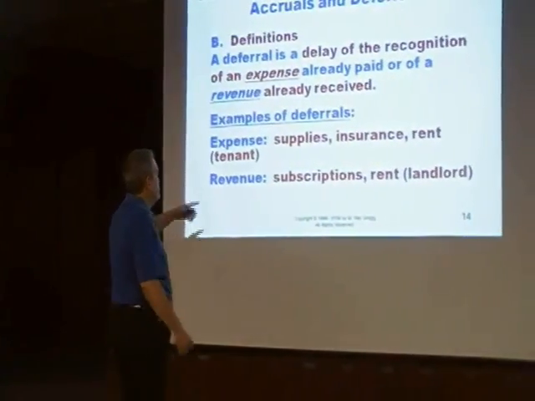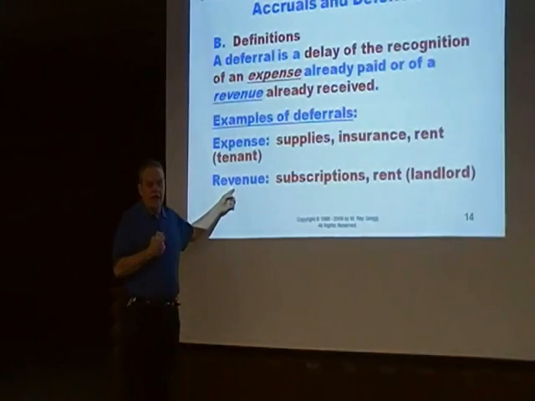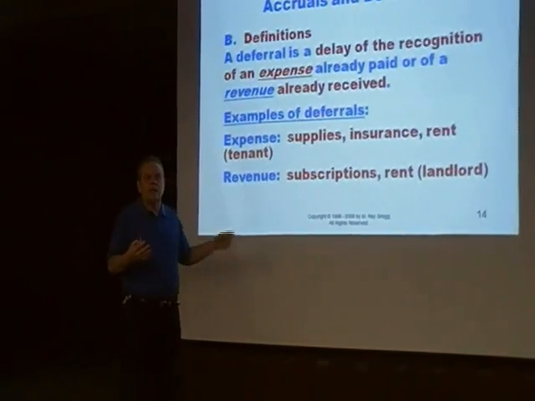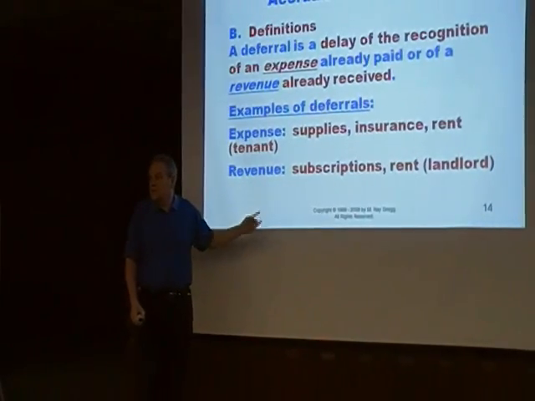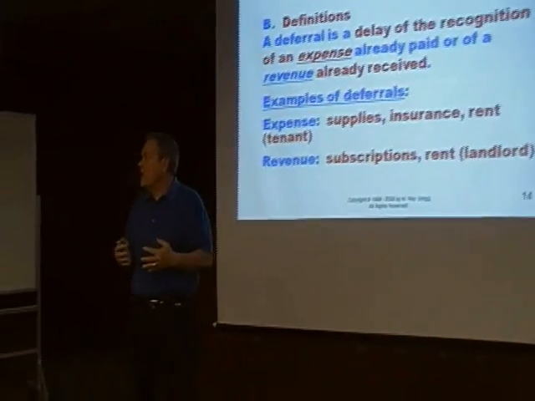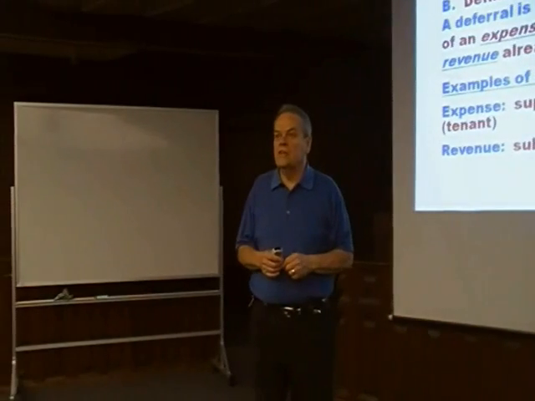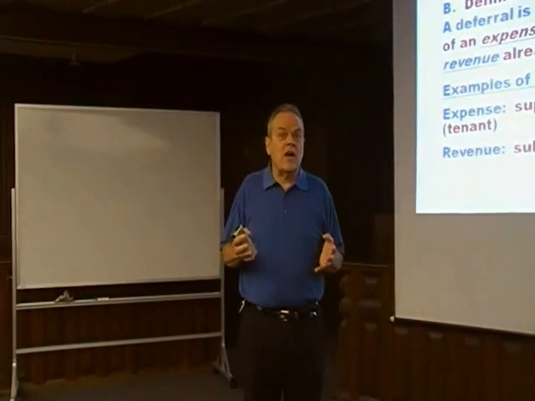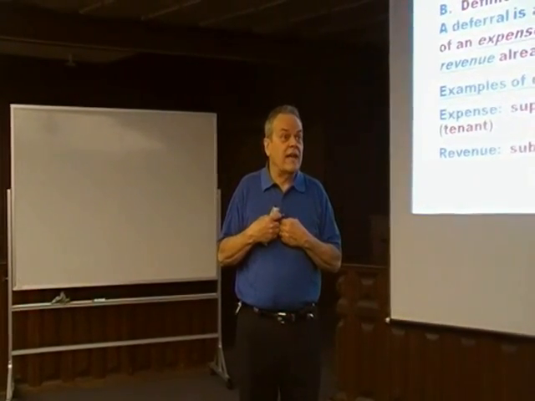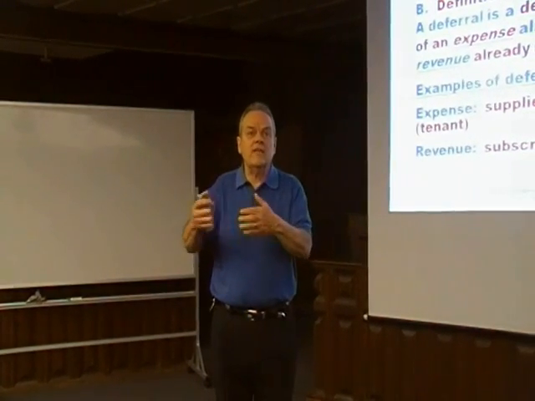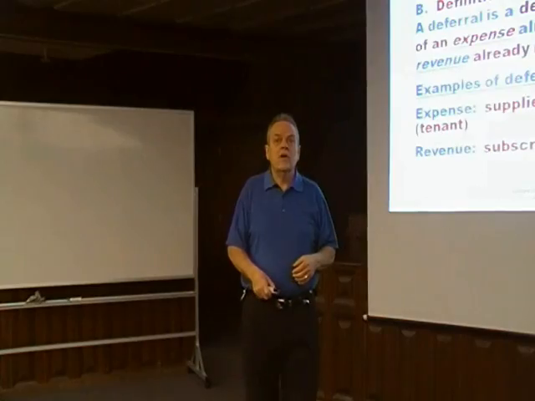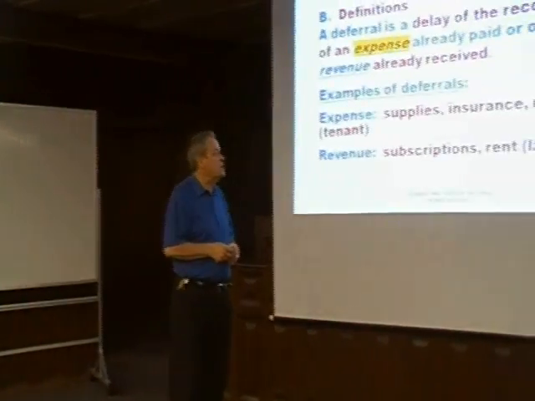Life insurance companies collect premiums in advance. House and automobile insurance companies collect premiums in advance. Landlords collect revenue in advance. They're all examples of revenue that we've collected that's really a liability until we give them the service or the good for which they've paid in advance.